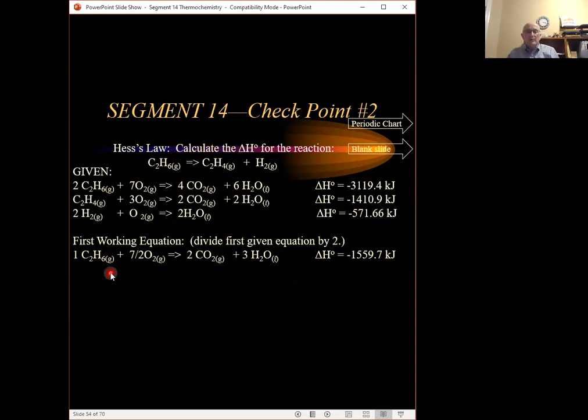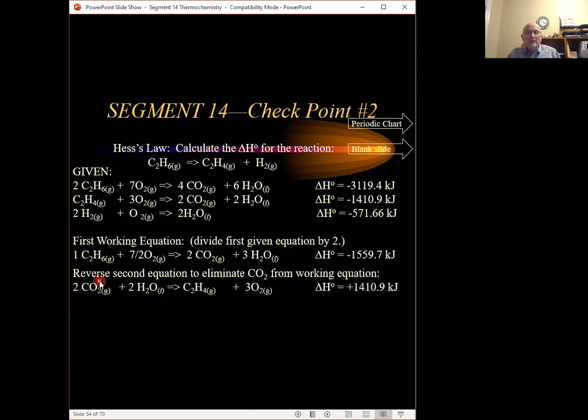Now, what do we do with the working equation? We want to get rid of something out of the given equations that would cancel out something that's in that working equation. And we're going to leave the C2H6 alone. We'll never touch that again because it's right. But now if I reverse the second equation to eliminate the CO2, well, okay, my working equation has 2 CO2s in it.